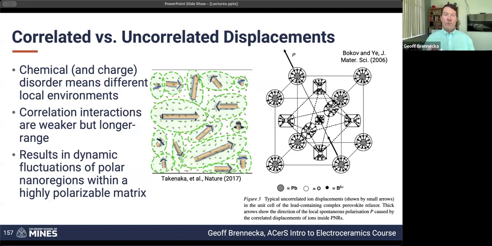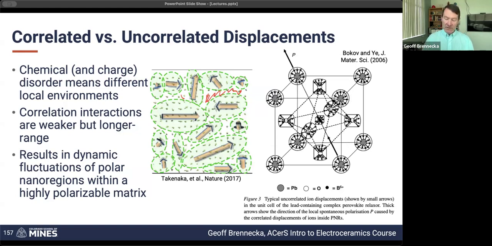But the big difference for relaxers is that the dotted lines in here, that are representing the edge of the polar nanoregion, are far less well defined than a domain wall in a standard ferroelectric. So these are really dynamic, and they're sort of wiggling all over the place. And there's a large amount of very highly polarizable, but not coherently arranged matrix in between all of these.